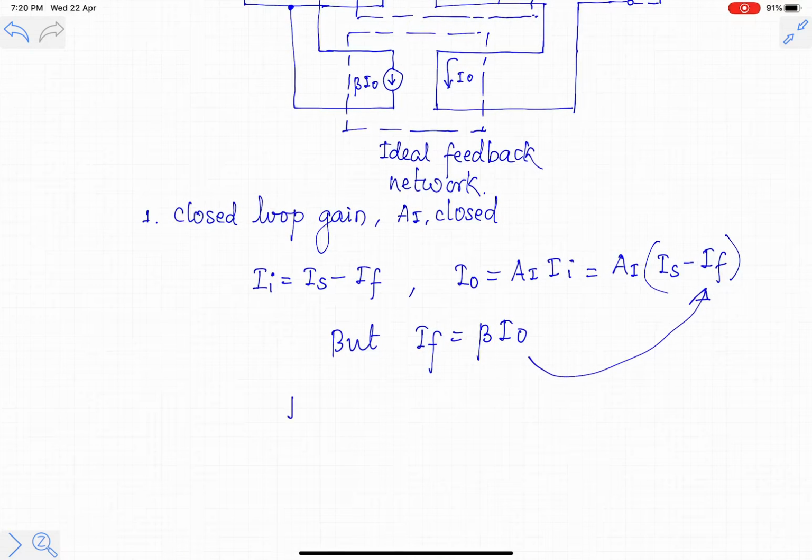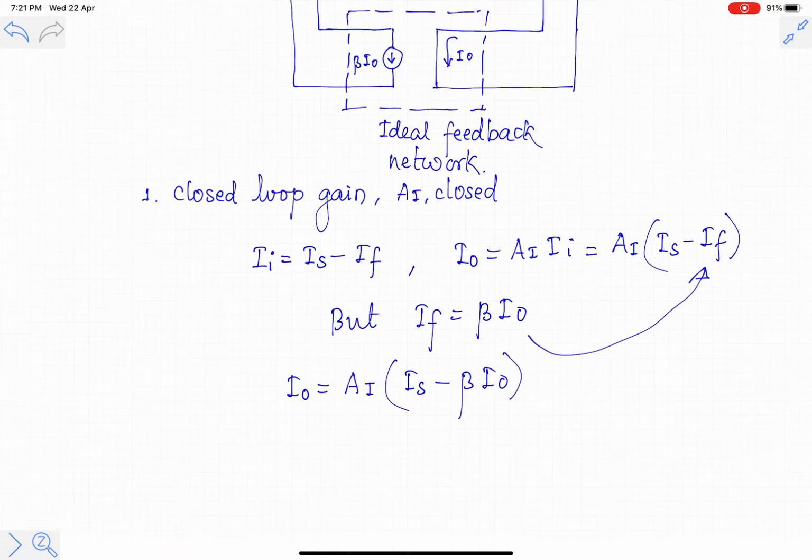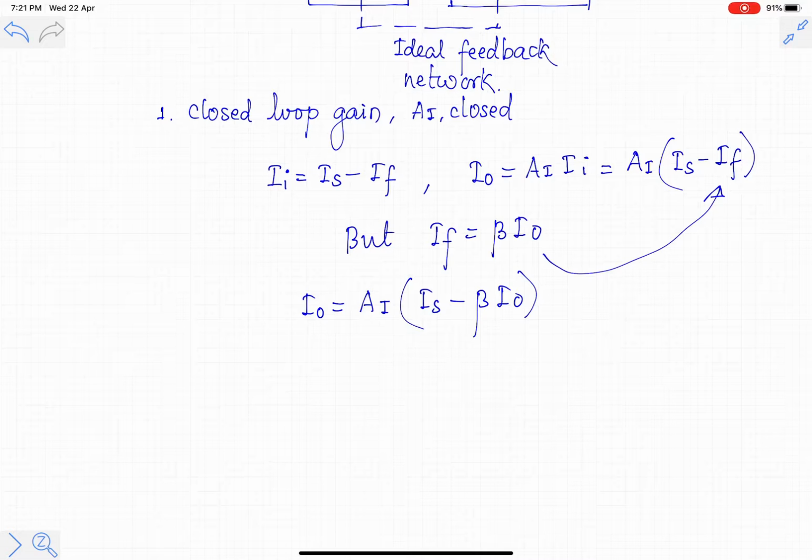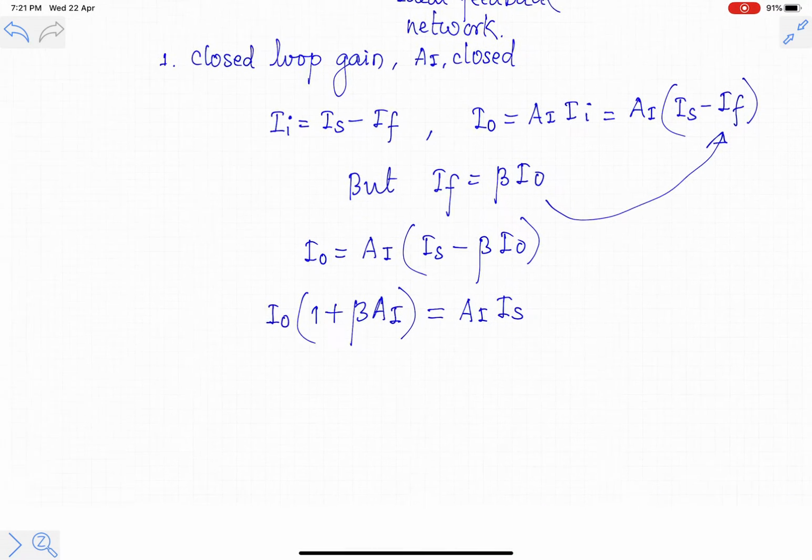We will get IO is equal to AI into IS minus beta into IO. So if we combine IO related terms, we will get IO into 1 plus beta into AI is equal to AI into IS.